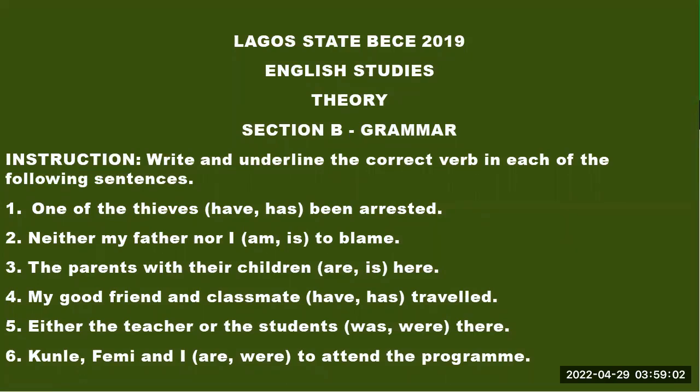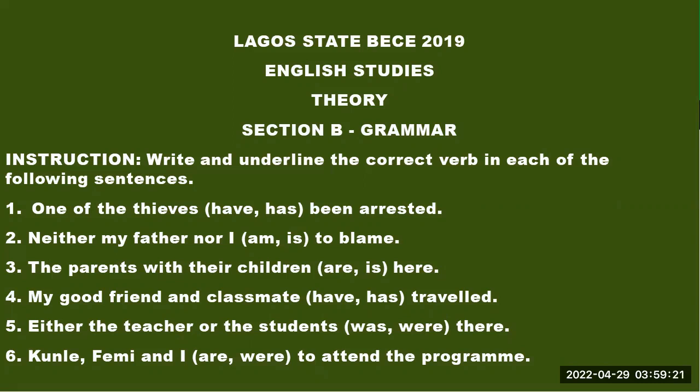Now, let's look at the instruction. Write and underline the correct verb in each of the following sentences. We are going to look at the various forms of the verb.